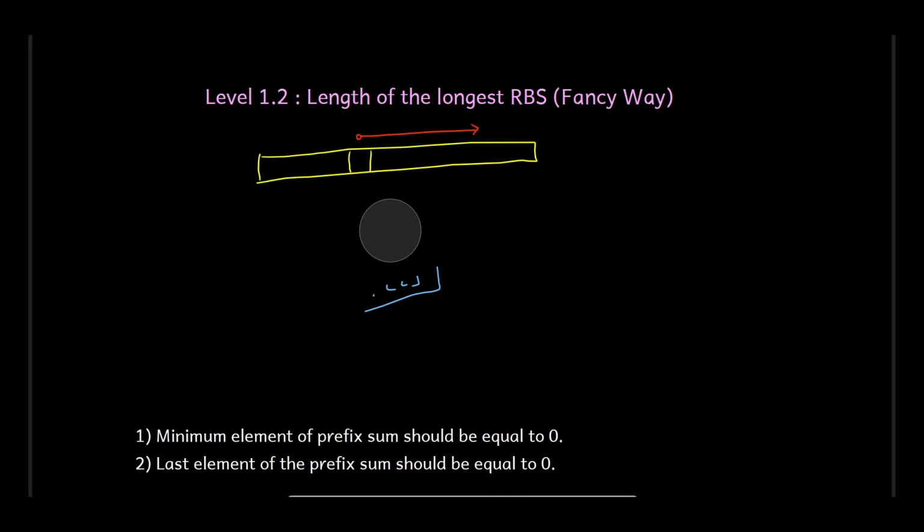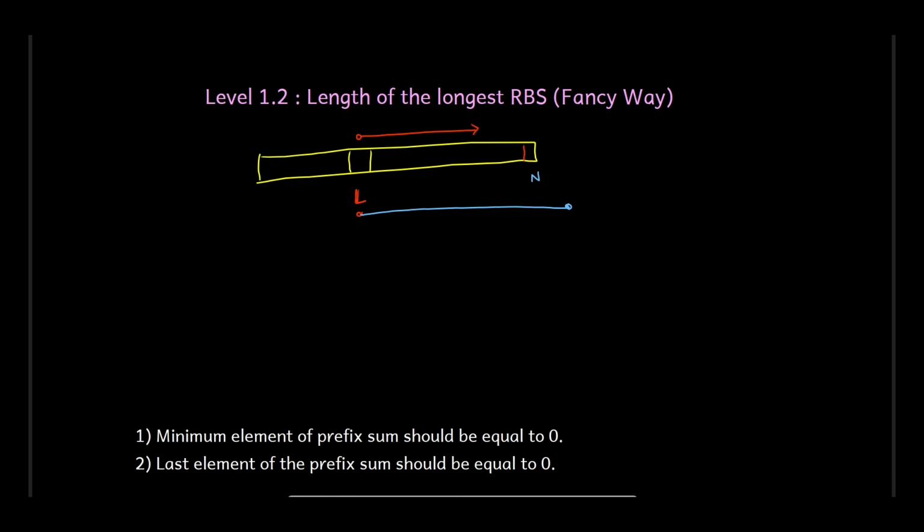If you are familiar with binary search, you can see that first you start over here and let's look at the last index. Suppose this last index is n, and you want to find out the longest RBS.